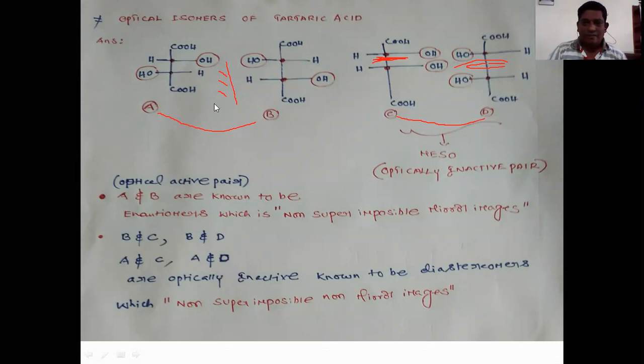What are diastereomers? Diastereomers are non-superimposable, non-mirror images. B and C, B and D, A and C, and A and D are known to be the diastereomers. Okay?